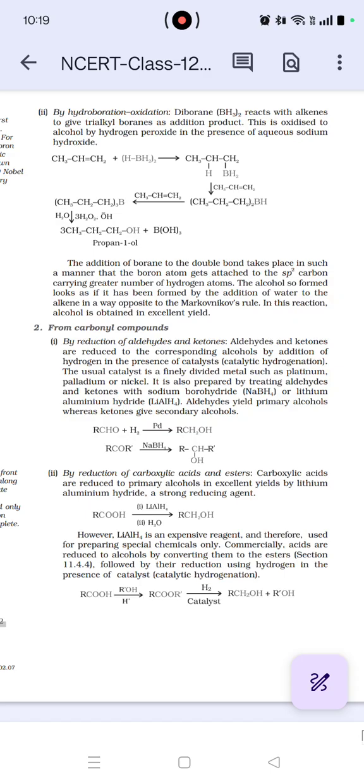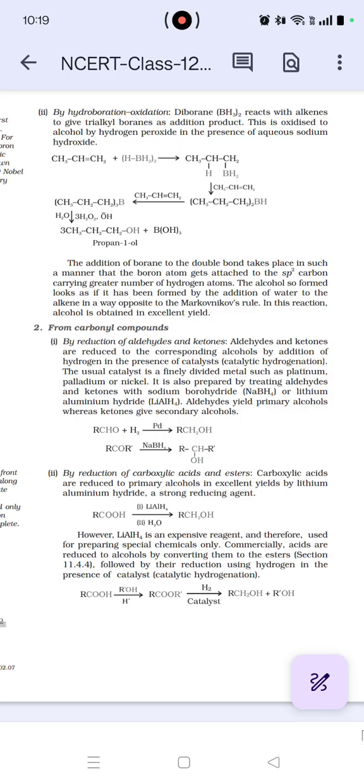Add more propene to it, (CH3CH2CH2)2BH. Excess propene, (CH3CH2CH2)3B. With water, CH3CH2CH2OH plus B(OH)3, hence propanol is prepared.